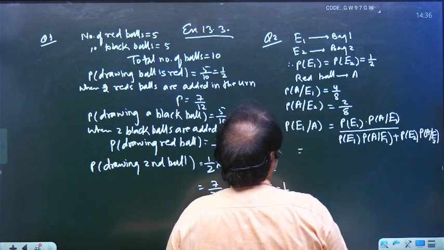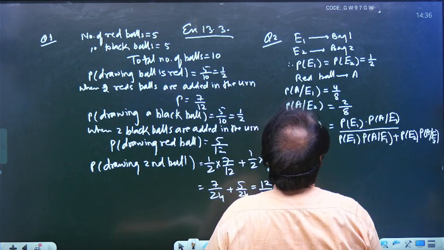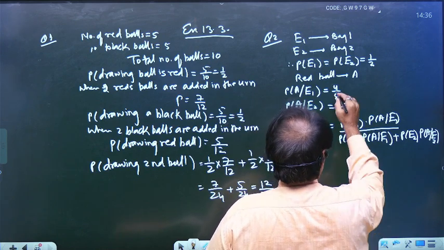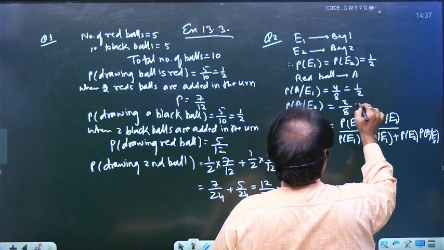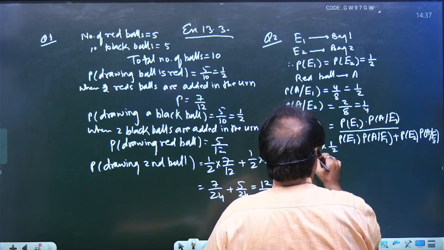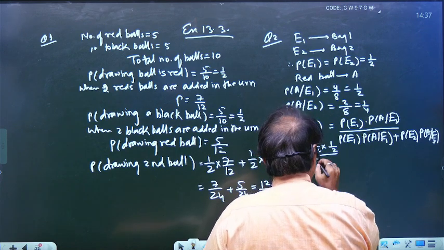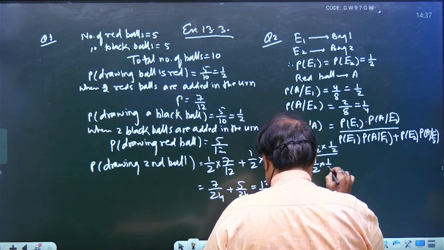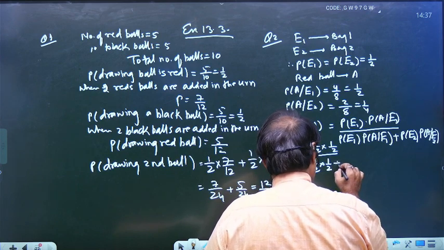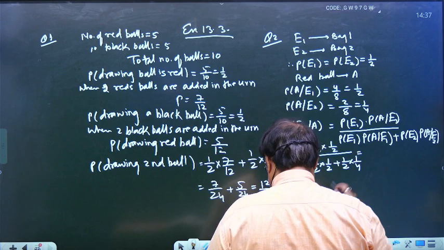So probability of E1 is 1 by 2 and probability of A by E1 is 4 by 8, which simplifies to 1 by 4. So we get 1 by 2 into 1 by 2, upon 1 by 2 into 1 by 2 plus 1 by 2 into 1 by 4. Now simplify it.